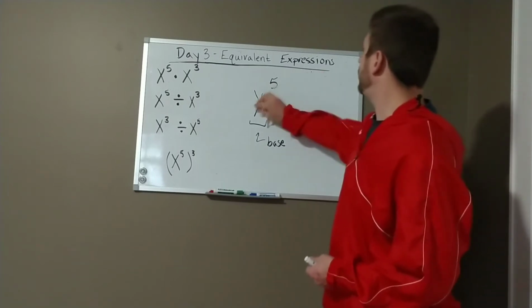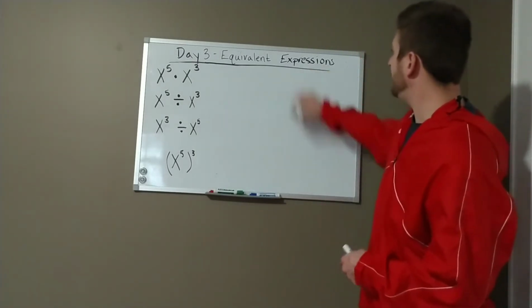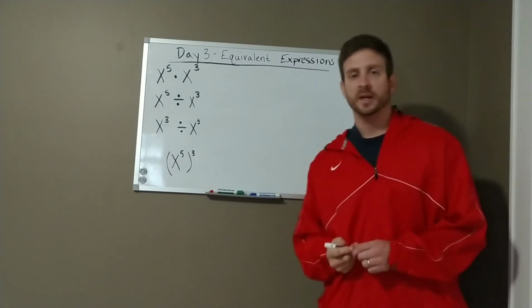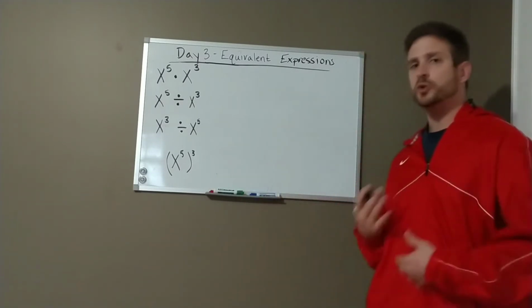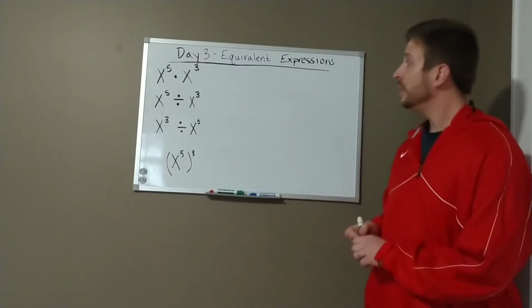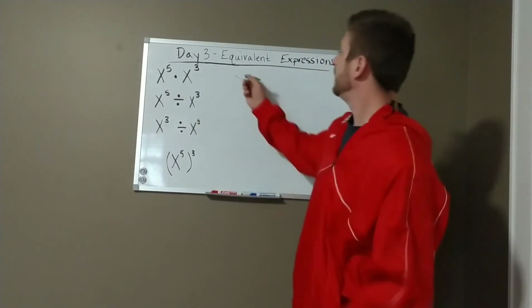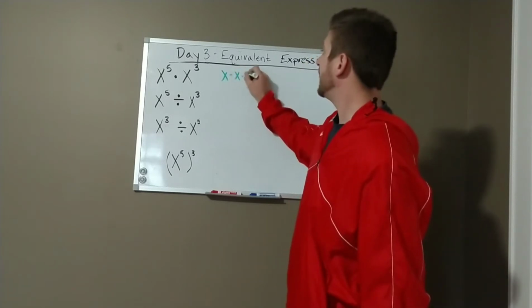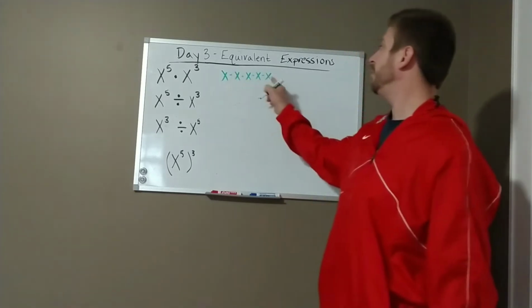Exponents are shorthand for multiplication. Instead of writing x times x times x times x times x, we would just write x to the 5th power. But x to the 5th power does in fact mean x times itself, times itself, times itself, times itself: 1, 2, 3, 4, 5.